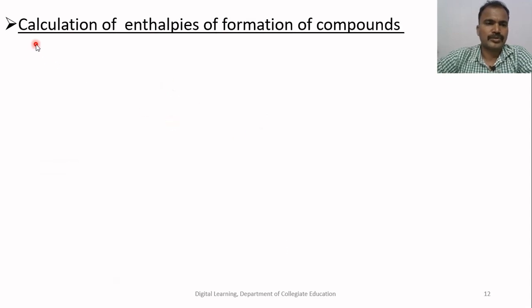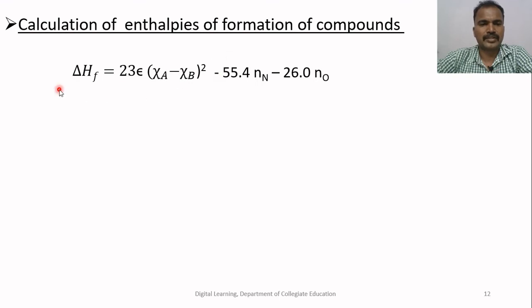Electronegativity can also be used to calculate the enthalpies of formation of a compound. It can be done by using this empirical equation, that is delta HF is equal to 23 epsilon, where epsilon is the number of covalent bonds present in a molecule, into the difference in electronegativities of the bonded atoms raised to the power 2, minus 55.4 into n of N, where n of N is the number of nitrogen atoms present in a molecule, minus 26.0 into n of O, where n of O is the number of oxygen atoms present in a molecule.